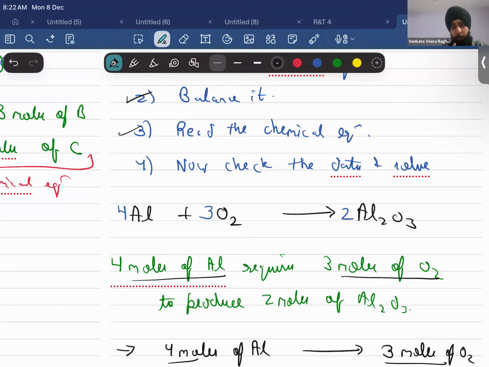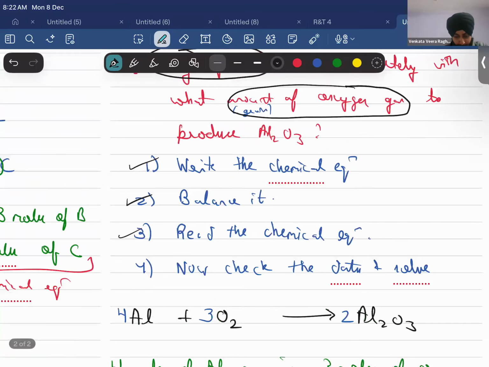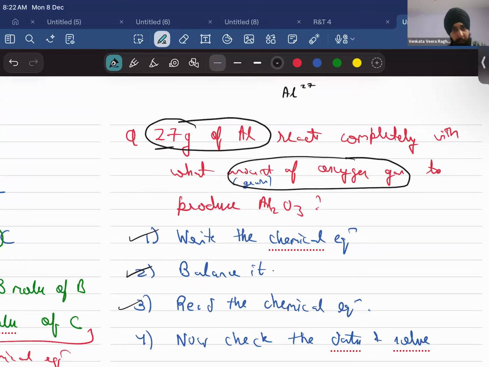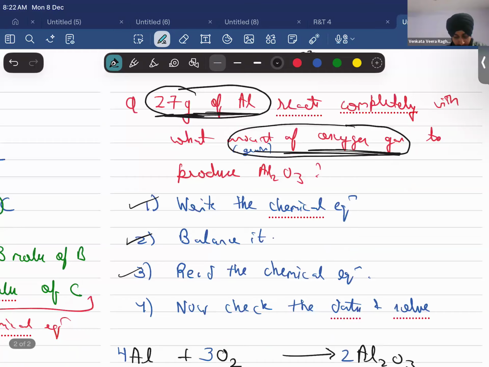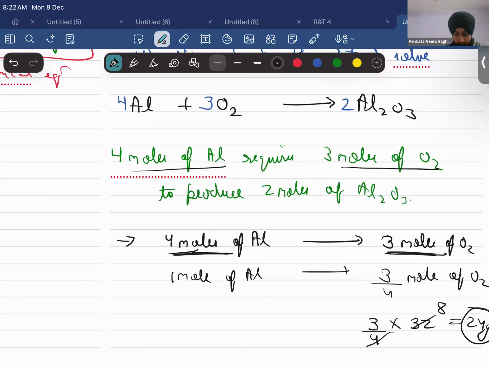After reading the data, you will understand what relation you want to find. Here, with the aluminium, I want to get a relation with the oxygen gas, which is 4 moles of aluminium requires 3 moles of O2. Is it fine for you? Can I move ahead?